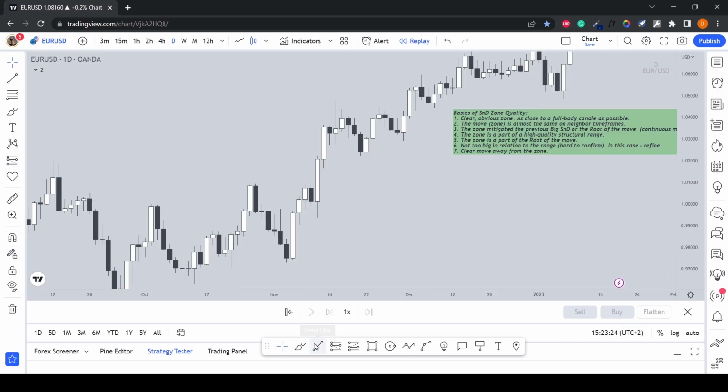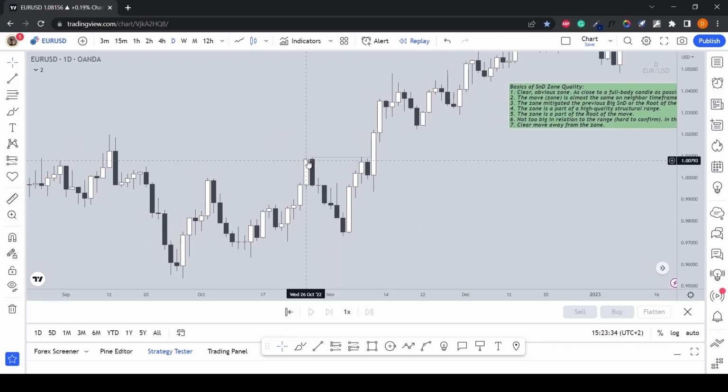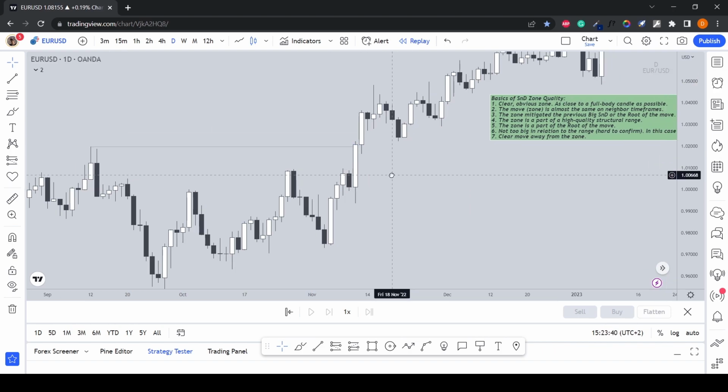And this is an example. I think this is a pretty easy concept, so I will show one example. So this is our break of structure, and now we need to find the root of the move.